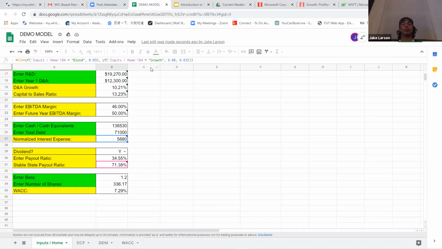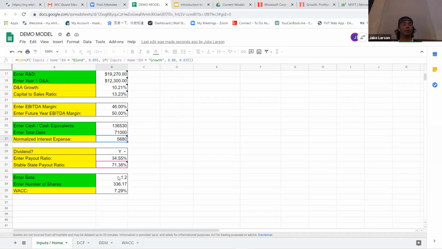So you basically subtract the percentage of capital to sales in the future from 100%. So 71% means we're expecting about 29% of the cash in future years to be reinvested into capital, which leaves 71% to pay out in dividends. That goes into the assumption of the model. It's already calculated for you, so you don't need to worry about it.